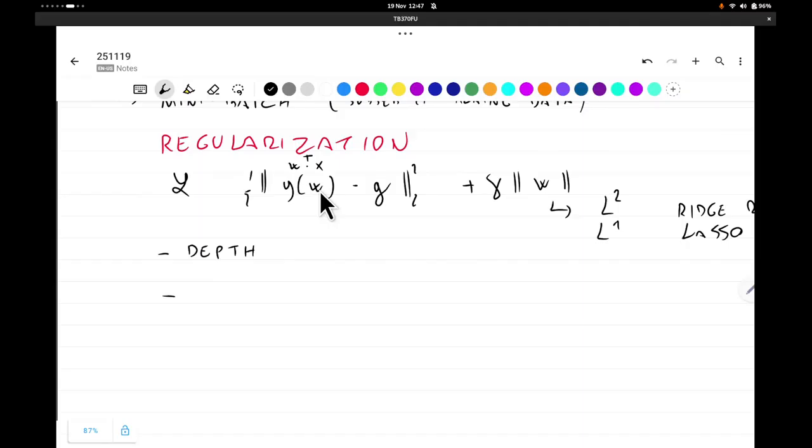Then we have another strategy for regularization that is called dropout. And this is related to bagging and ensembling.